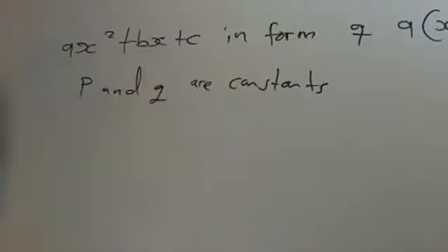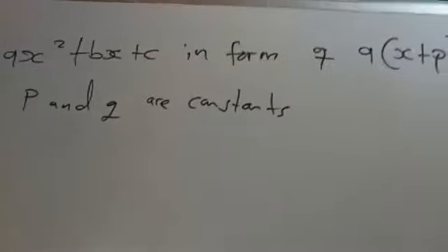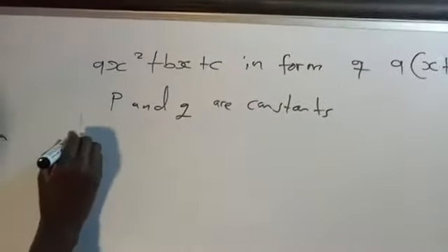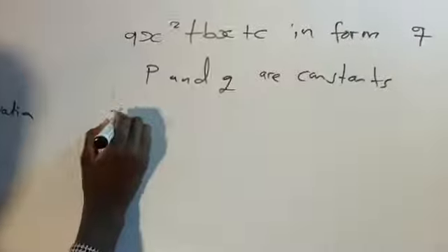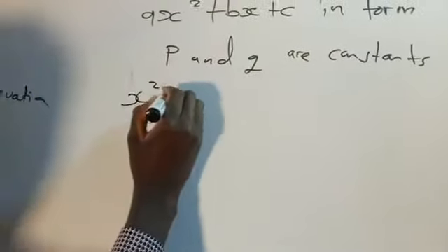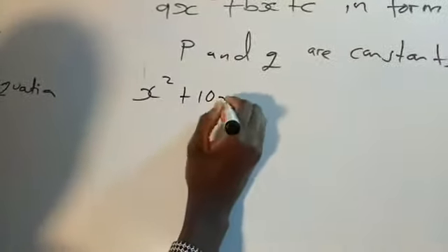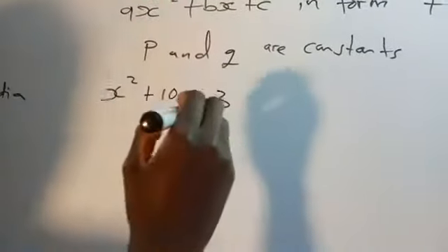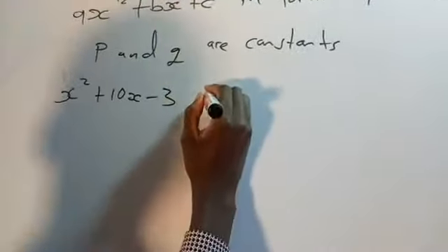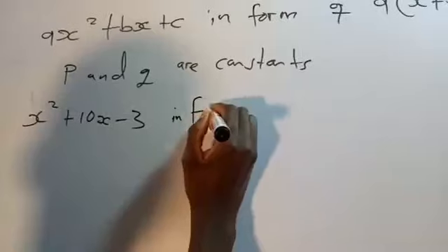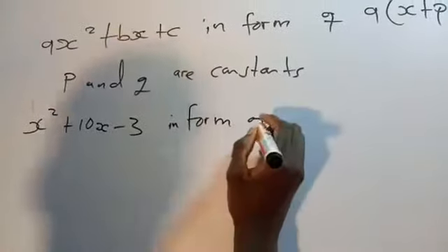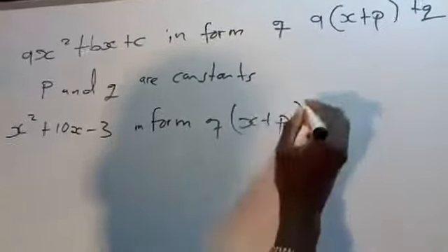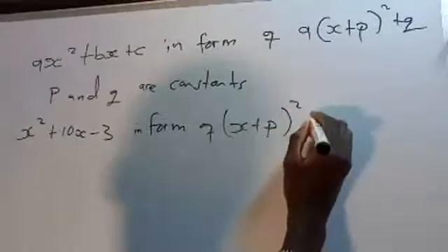So let's get an example for that. They may give us x squared plus 10x minus 3, to put it in the form x plus p squared plus q.